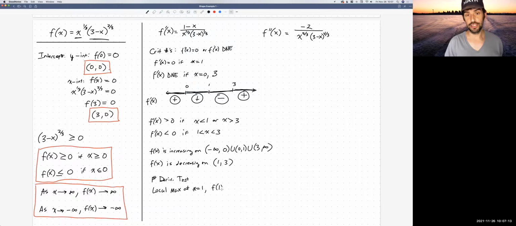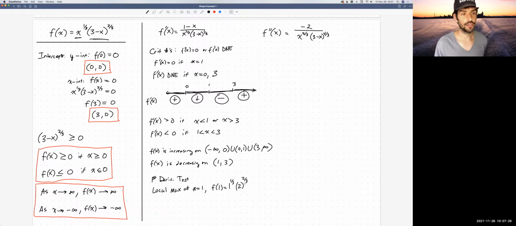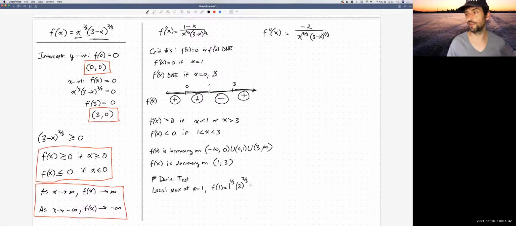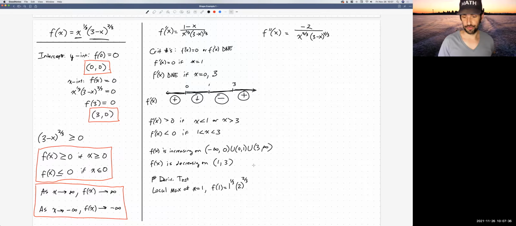So f of 1, going back to my original function. I put in 1, and you get, well, let's just write it out. 1 to the 1/3 times 3 minus 1, 2 to the 2/3. What is that? 2 squared is 4, the cube root of 4.